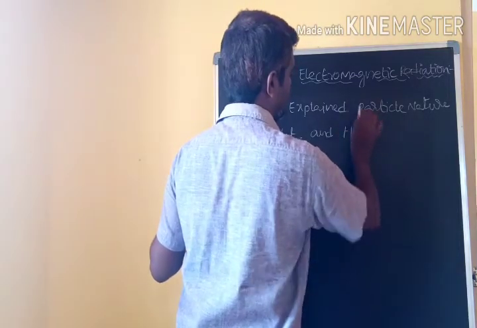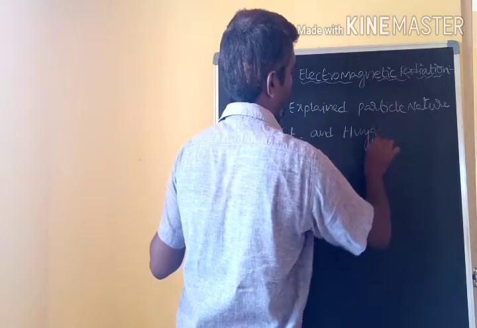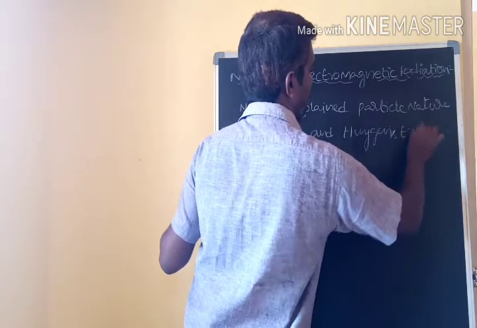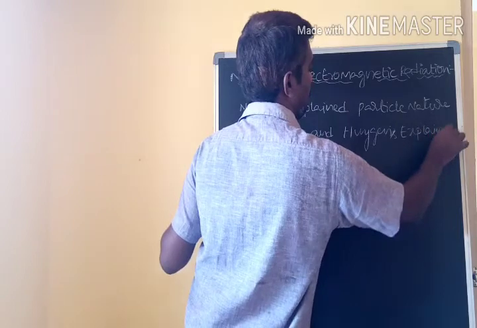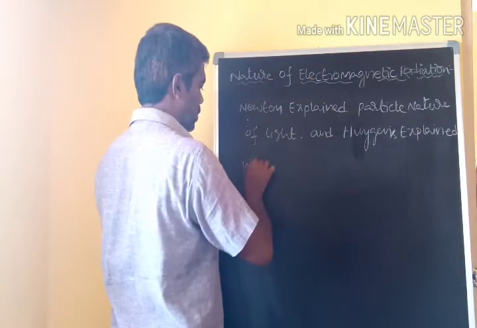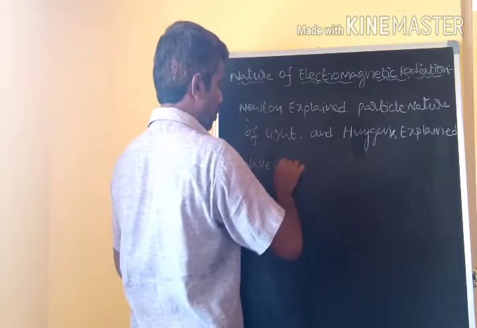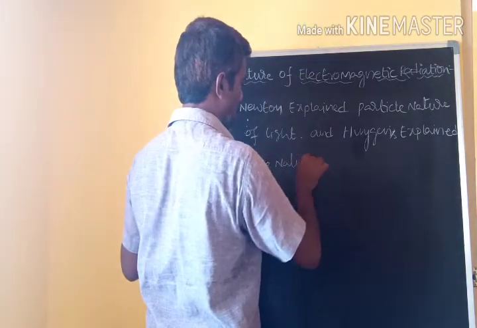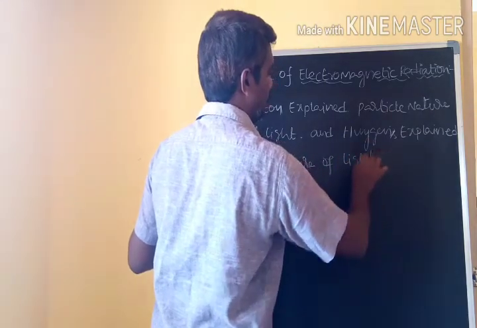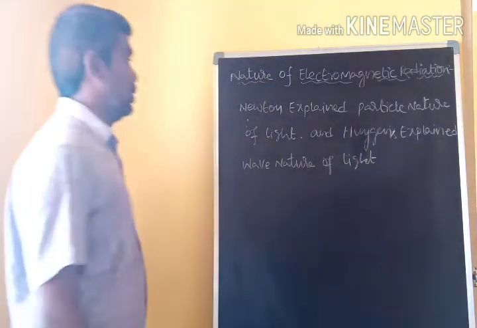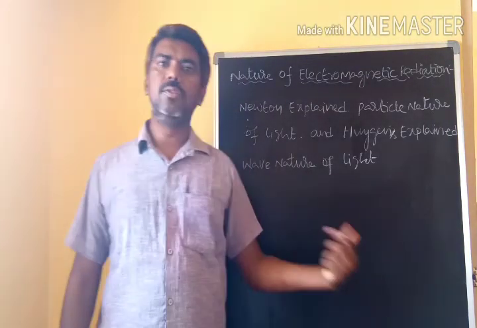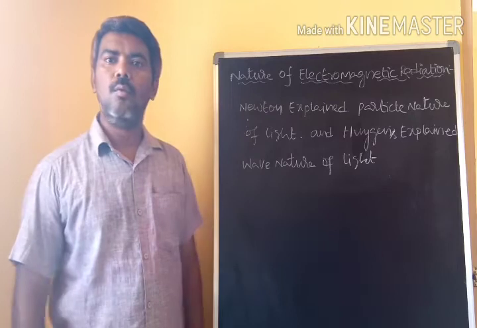Huygens explained the wave nature of light. So finally, light is transmitted in the form of a wave.